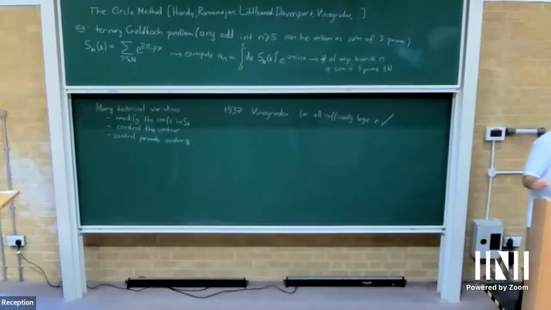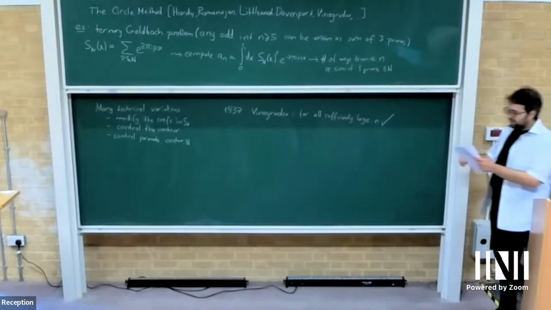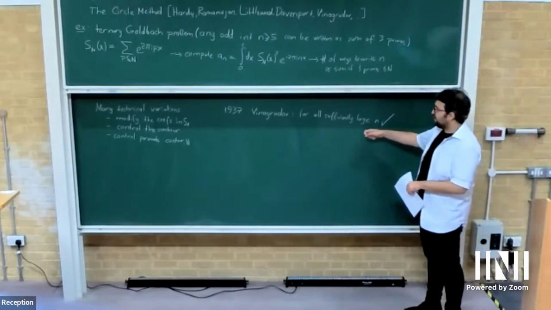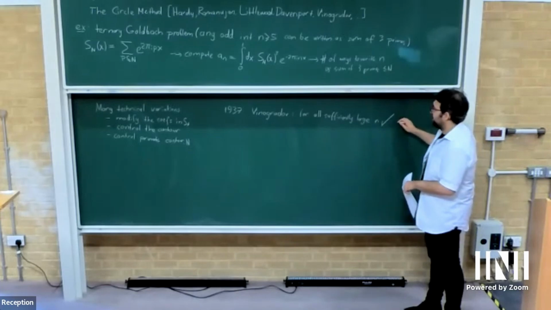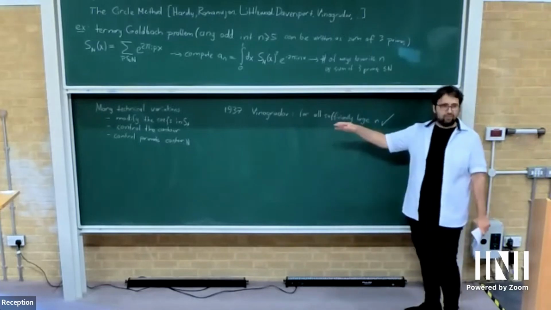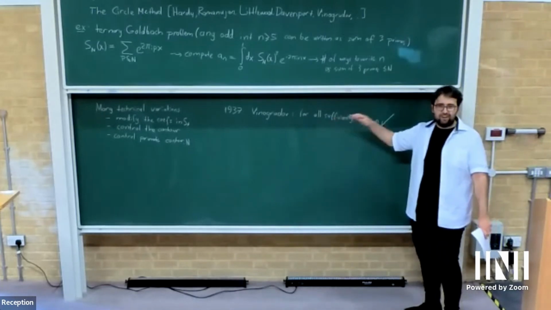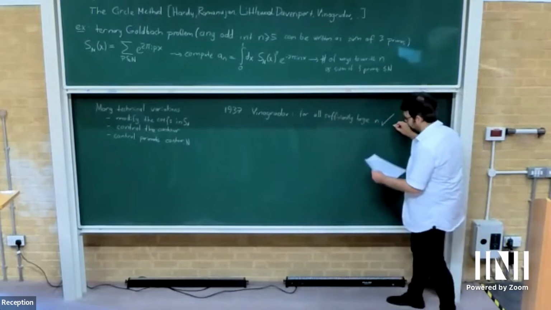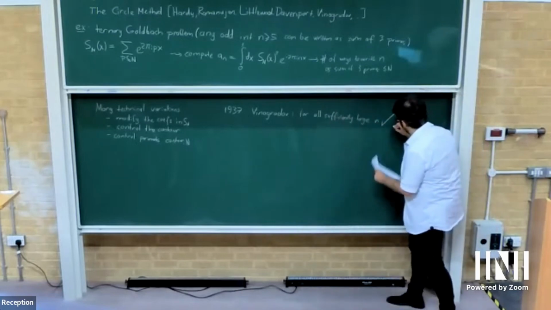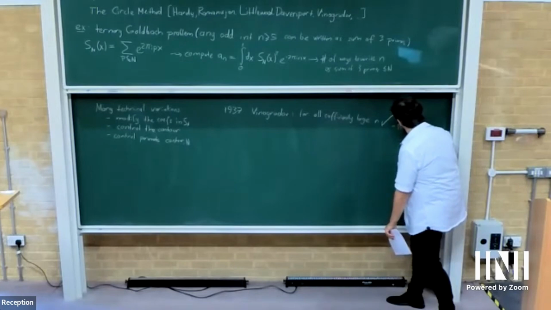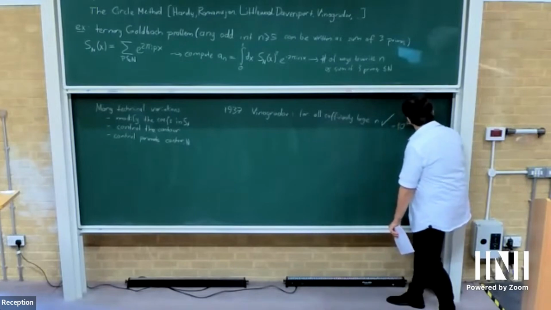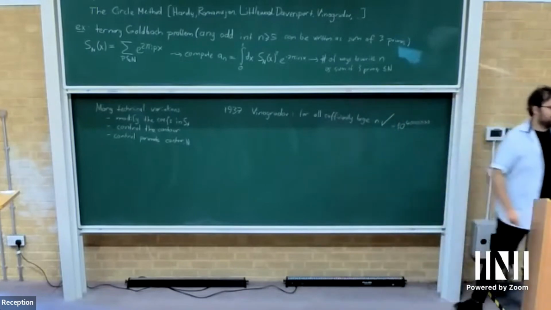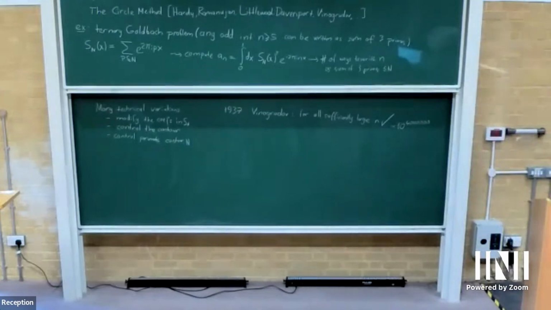So if it holds for sufficiently large n, you can check whether it holds for smaller numbers, and if it holds, then the statement is okay for all numbers. But shortly after Vinogradov's work, a student actually computed what the bound is for that sufficiently large statement, and that's around n to the 4 million. So certainly not enough numbers you can check below that.